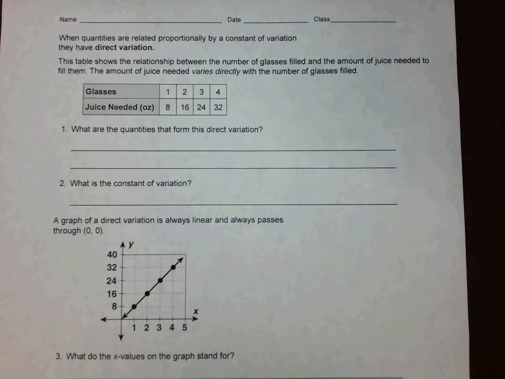This table shows the relationship between the number of glasses filled and the amount of juice needed to fill them. The amount of juice needed varies directly with the number of glasses filled.